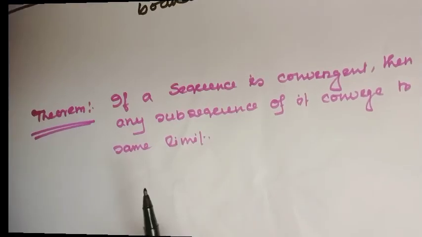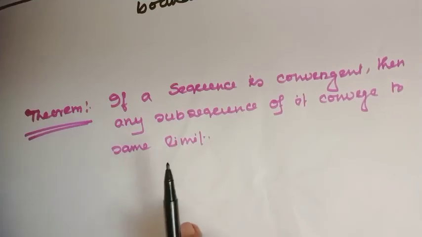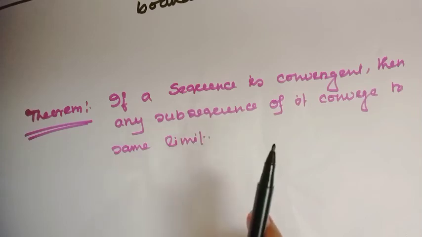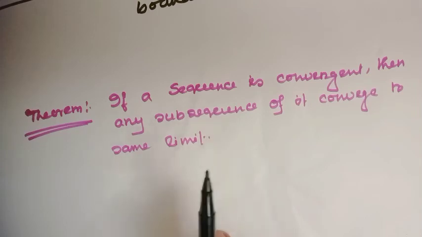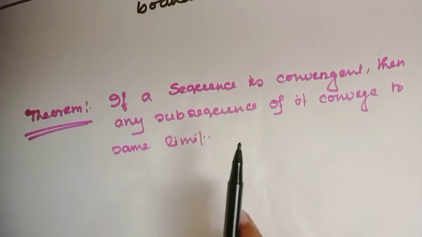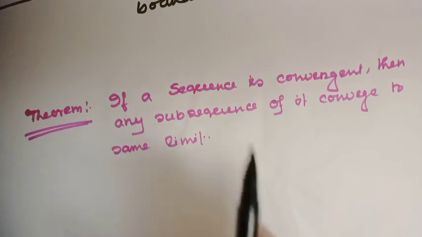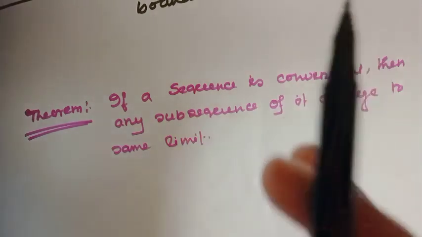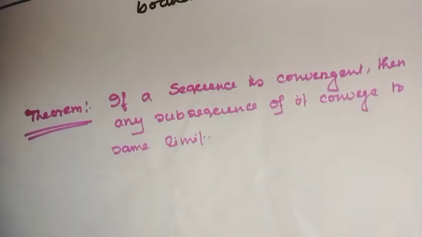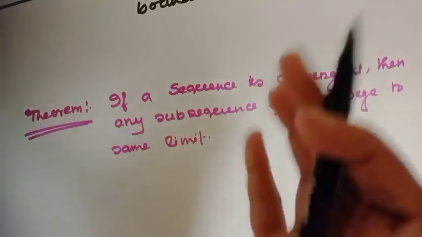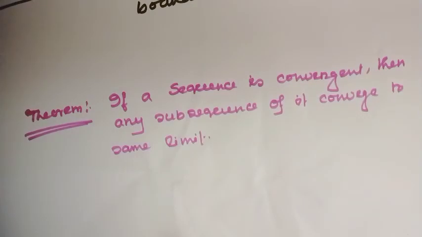Alright. Now my question, if a sequence is convergent, then what can you say about a subsequence? Obviously it should be, because if an are closing to the value L, then part of that also should come inside L. Okay?